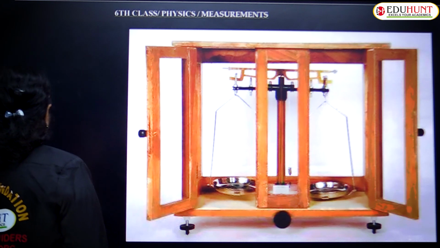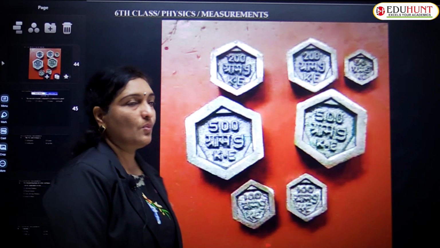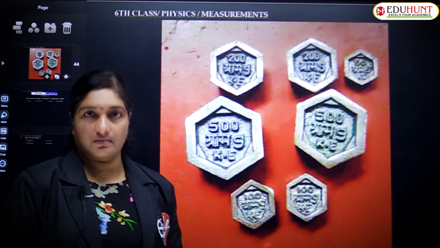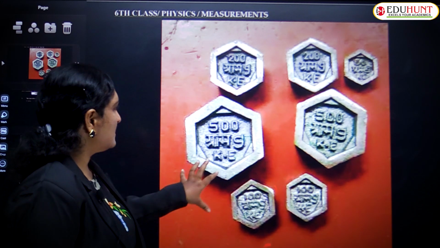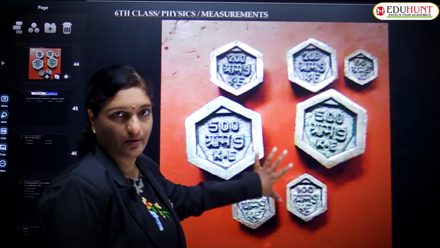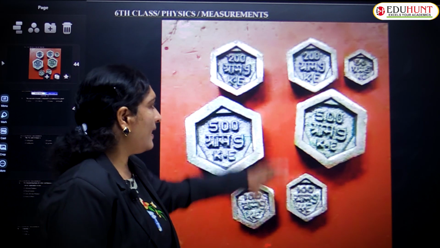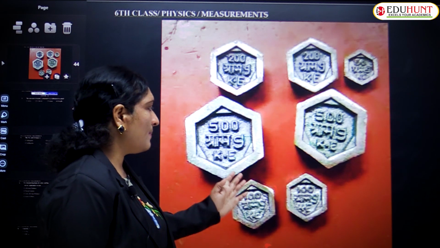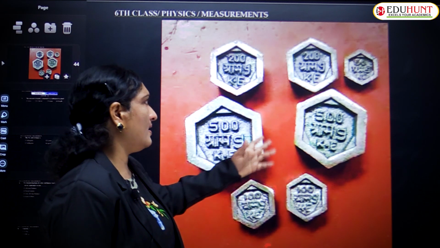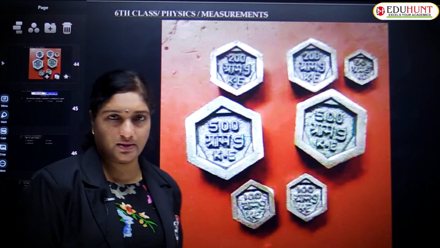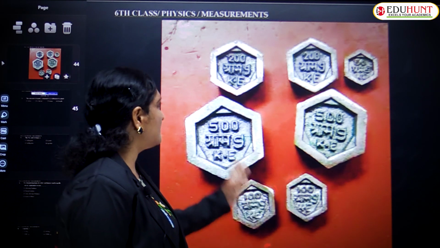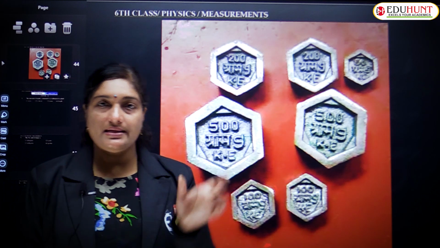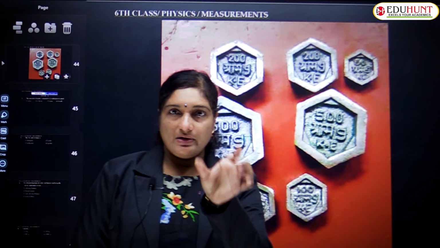Now, these are the weights you would have observed whenever you purchase vegetables. These are the weights we use to measure any desired quantity. They range from 100 grams to 500 grams, 2 kgs are also there. So this might be 100 grams, 200 grams, 500 grams, and 1 kg is also available.